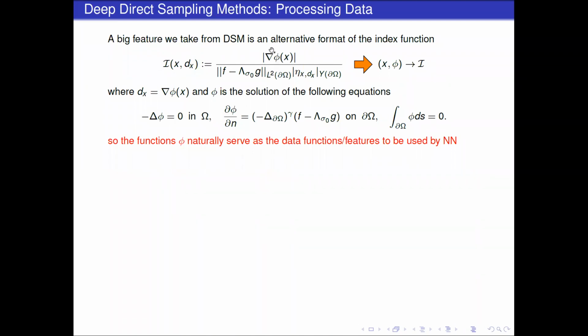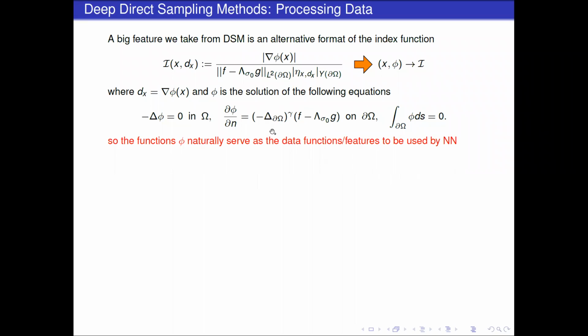Let's look at this so-called alternative form of the index function. The center of the whole story is this function phi. Phi is a solution to the following elliptic boundary value problem. F and G are the boundary data, and with F and G we can use some surface Laplacian operator.